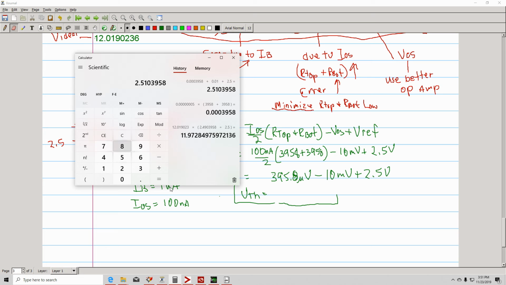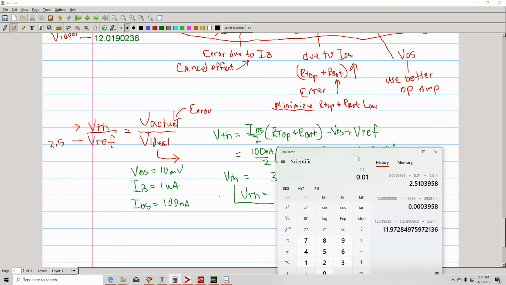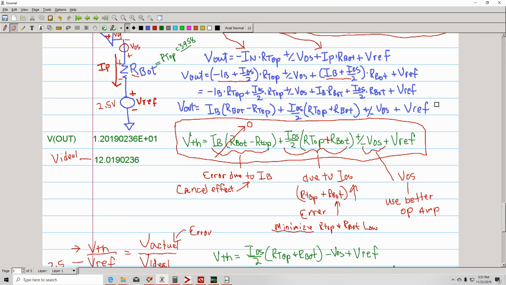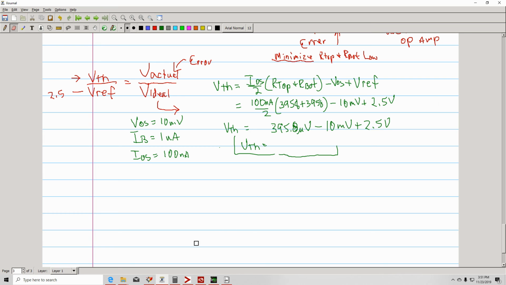It's actually 2.5 minus 0.01, right? Is there a minus over here? I don't think so. Yeah, there's no minus.